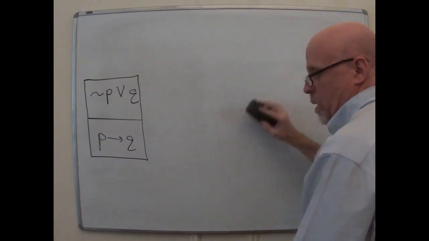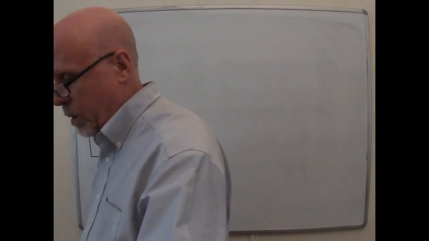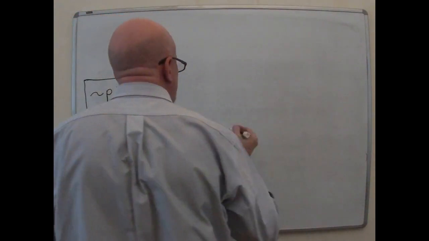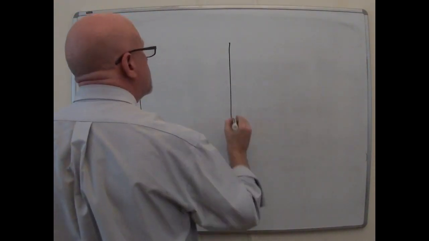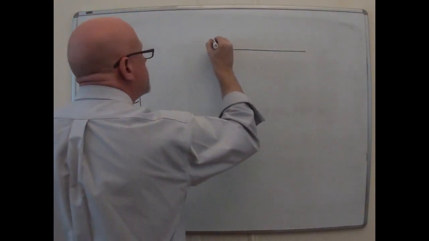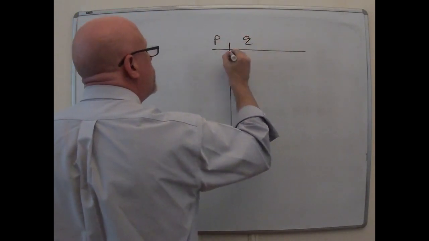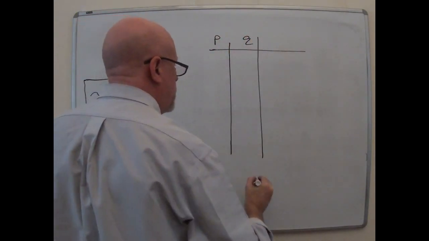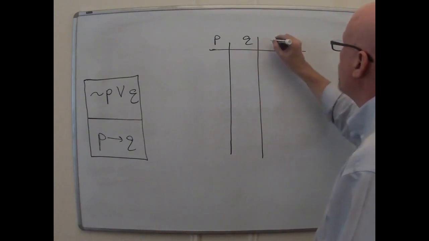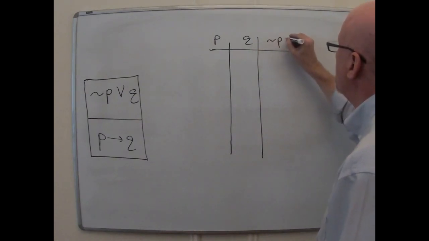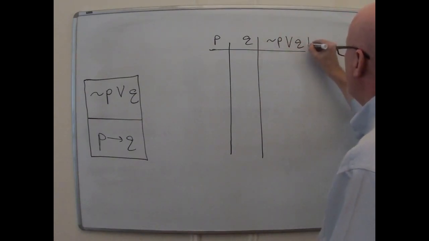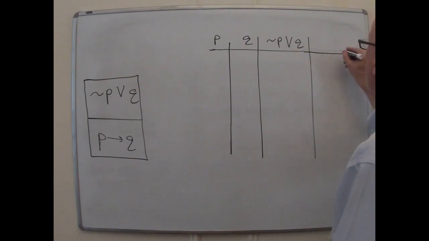We can make a little 4x2 input grid. So we'll have P and Q, and then columns for both of our sentences: not P OR Q, and the conditional P implies Q.